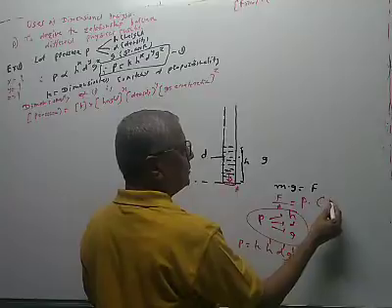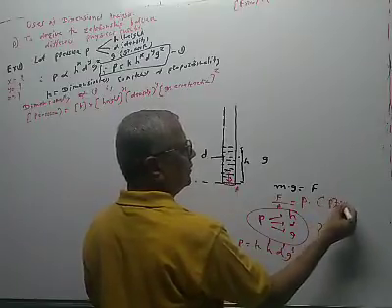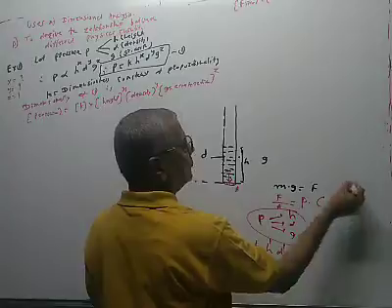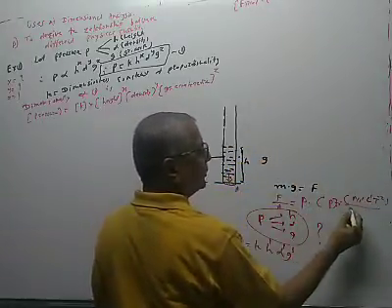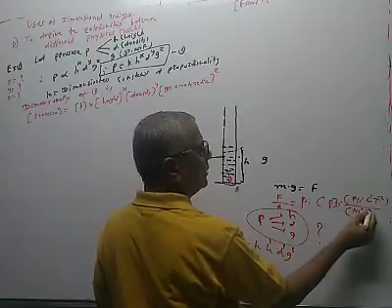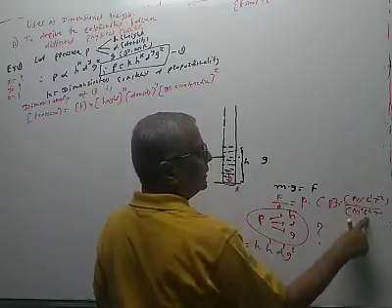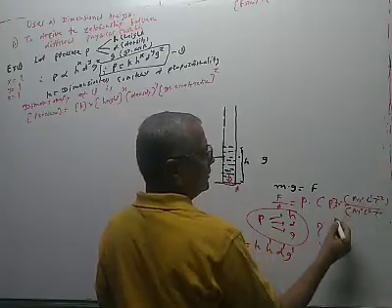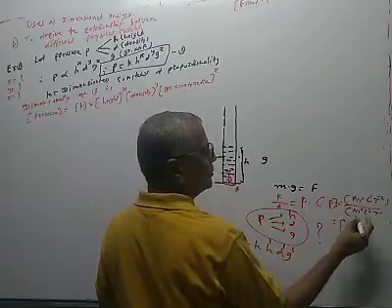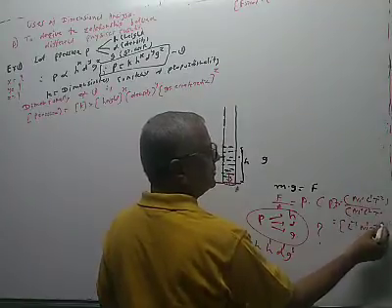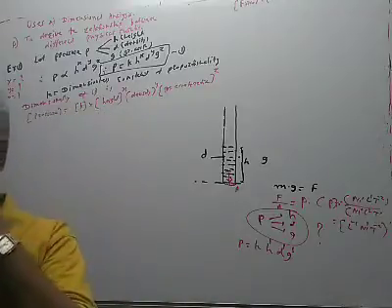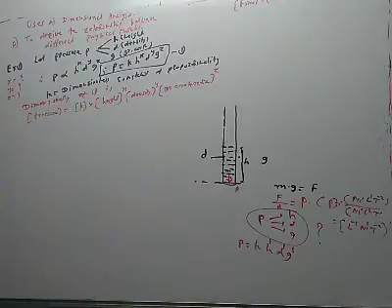So dimensions of pressure is equal to dimensions of force, M raised to 1, L raised to 1, T raised to minus 2, upon area. Area has dimensions M raised to 0, L raised to 2, T raised to 0. So this L raised to 2 will become minus, and therefore the dimensions of pressure are, in LMT order, L raised to minus 1, M raised to 1, and T raised to minus 2.